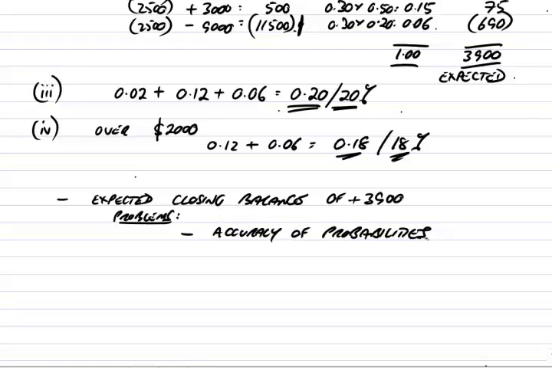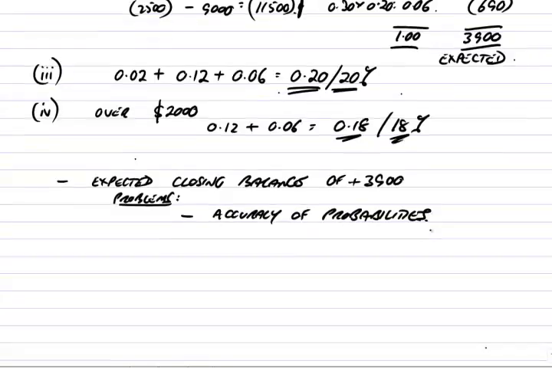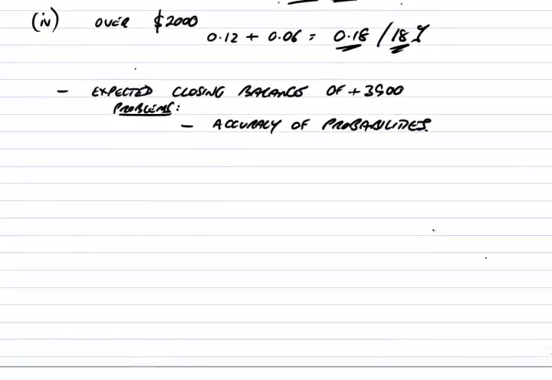It says we've used a firm of financial consultants, but clearly those probabilities are only estimates, and with different probabilities, a different answer. Secondly, though, and rather more importantly, this isn't something that's being repeated.